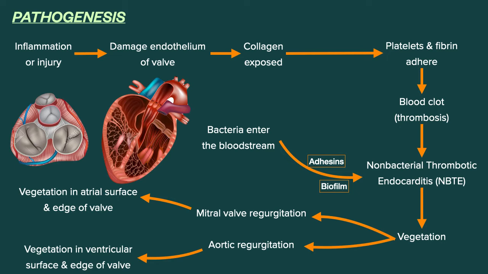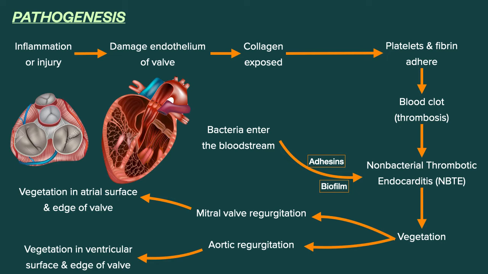Not only will they form here, they will also form on the edge of the opening due to the Venturi effect. So the Venturi effect describes how fluid pressure decreases as it flows through a narrowed opening while its velocity increases. So as blood forces its way through the opening, pressure is lower near the edges.